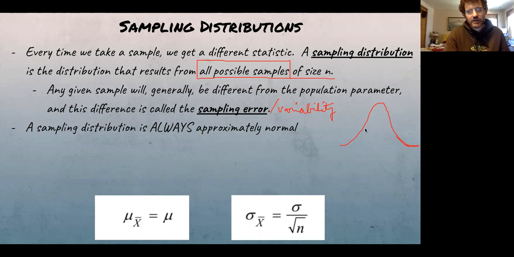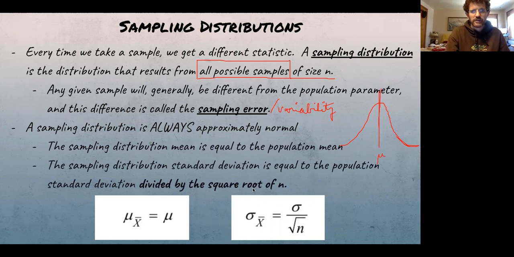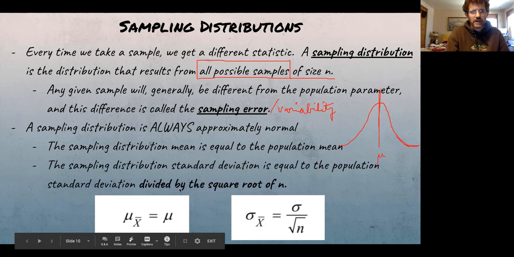And the mean of it is equal to the population mean. So whatever mean we get here is going to equal the actual population mean. We'll deal with proportions another time. And the standard deviation of our sampling distribution is equal to the population standard deviation divided by the square root of n.